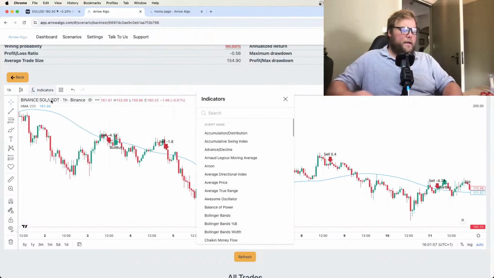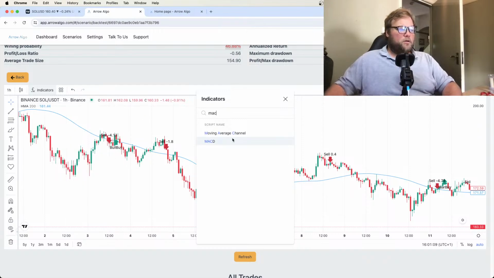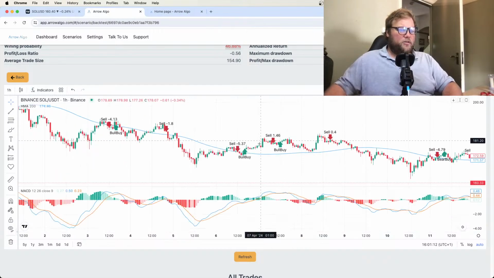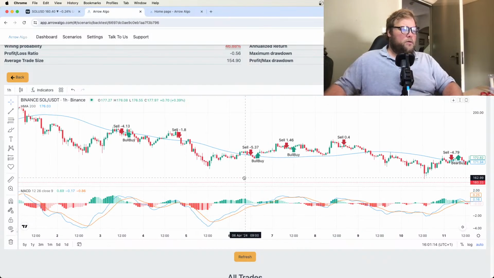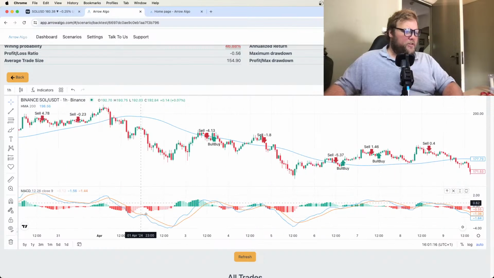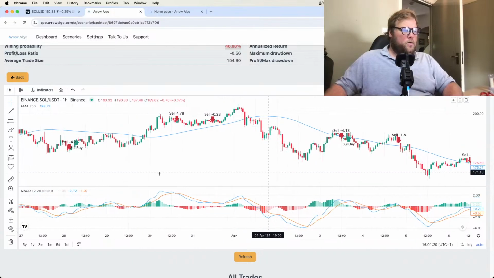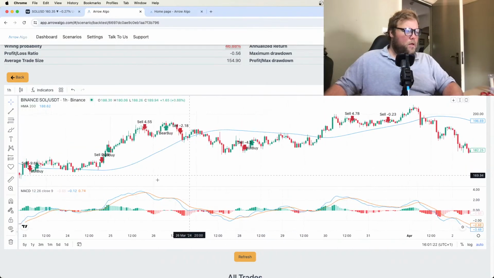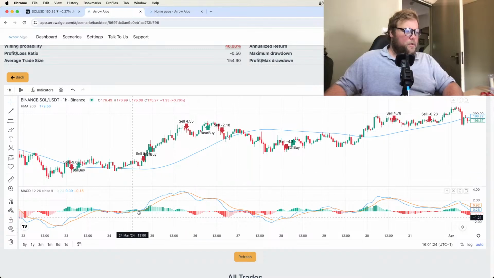Another one that we could look at potentially is a moving average crossover or a moving average convergence divergence. So again here, generally we see when the MACD is above the signal line, we can see some nice results there.